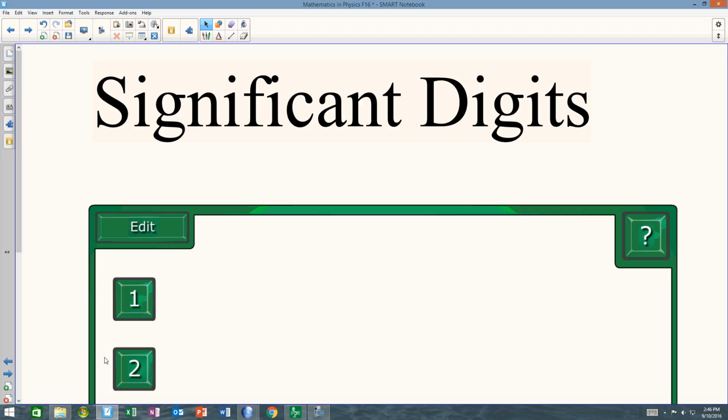So when you take two numbers that have guesses at the end and you multiply them or divide them or add them and subtract them, then we have to be careful where that uncertainty is in the number to make sure that we don't have more uncertainty than just one digit. Because when you're making your guess, you're only guessing one digit.